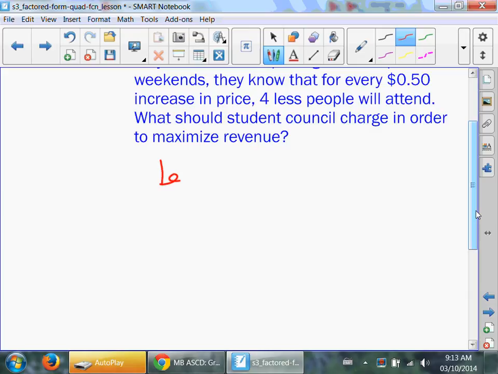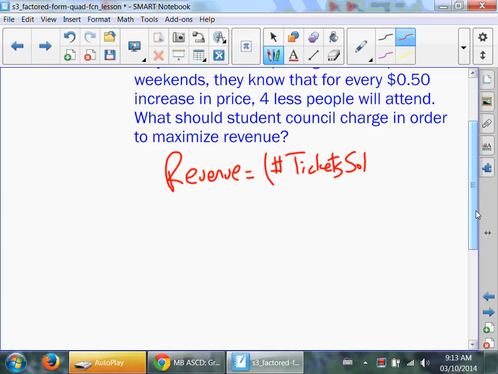I know that just in general, revenue is going to equal the number of tickets sold times the price of a ticket.